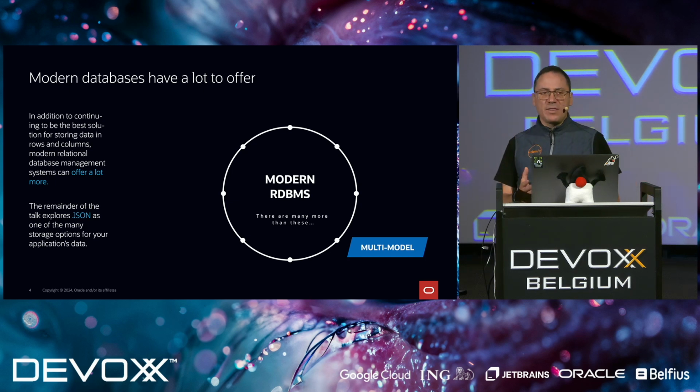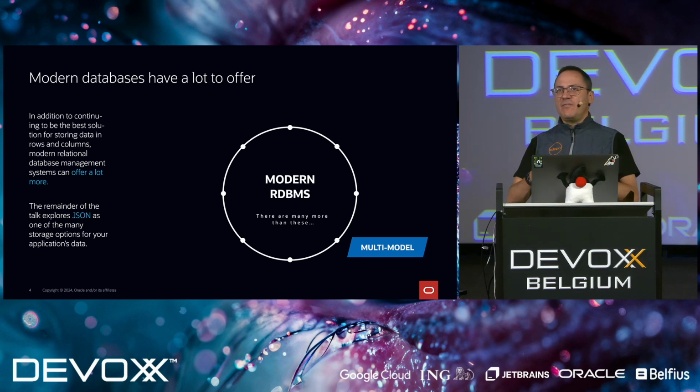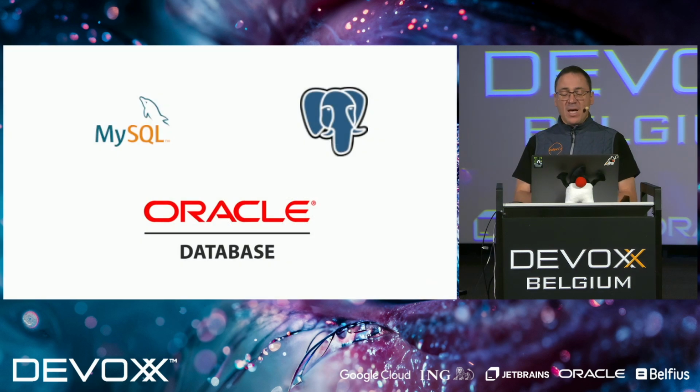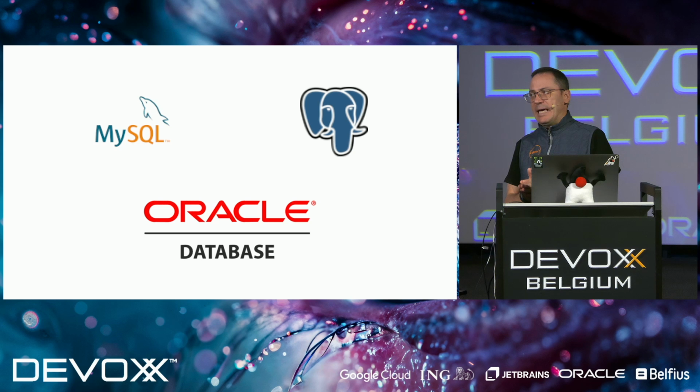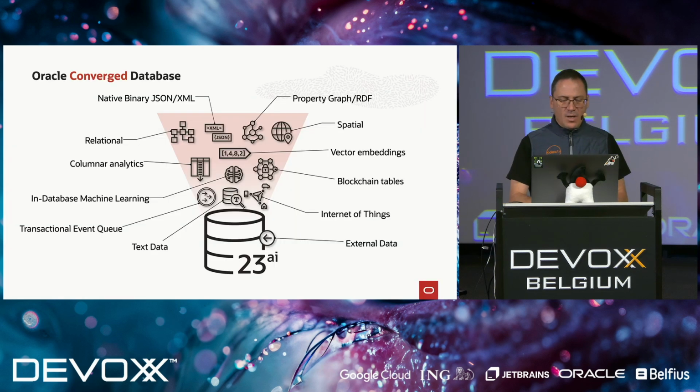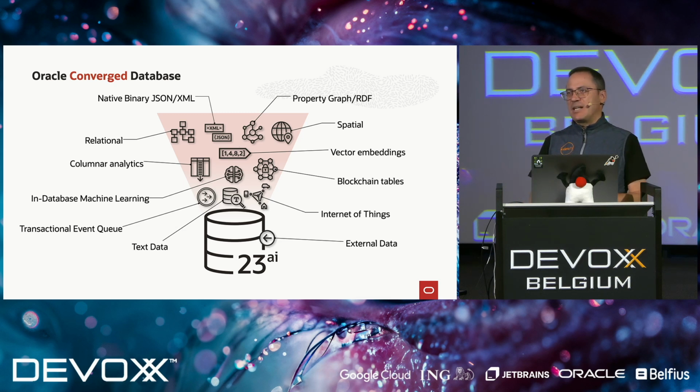Because one thing that we'd like to do is to deal with different representations of our data inside the same database engine. So I'm going to discuss these different database providers: MySQL, Postgres, and Oracle. In the case of Oracle, when we talk about multimodal, we like to call it the convergent database.